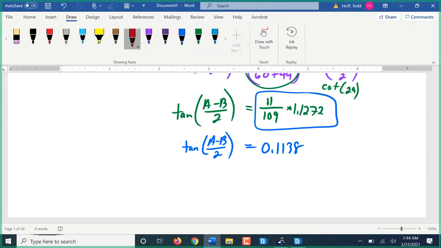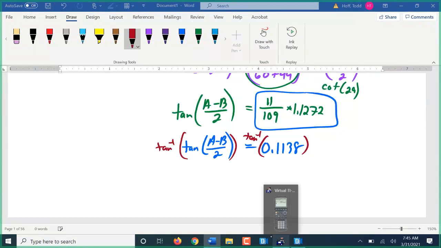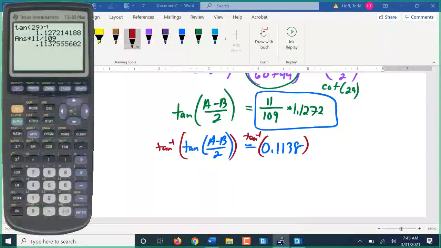So my next step is going to be to do, again keeping it in my calculator, second tangent, second answer. So let me go back and redo that cotangent because I'm sure that's incorrect.